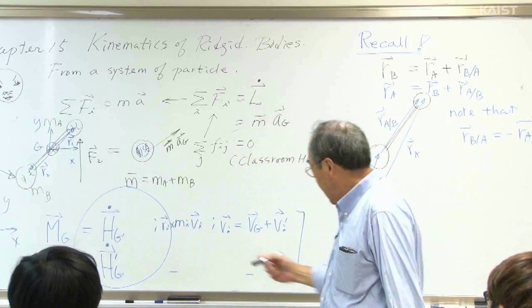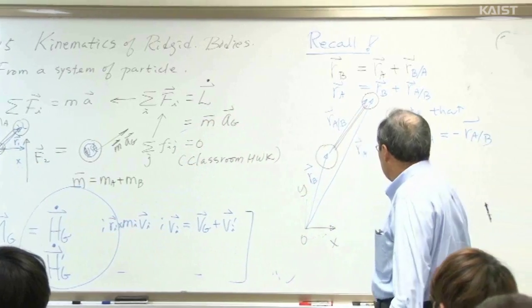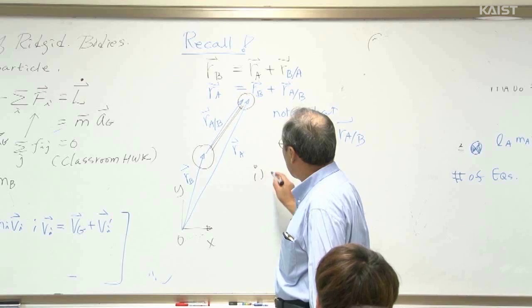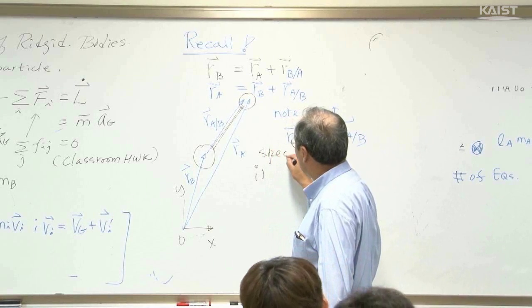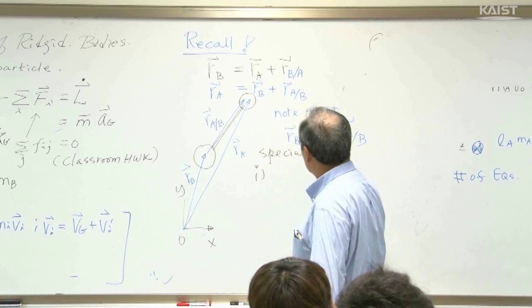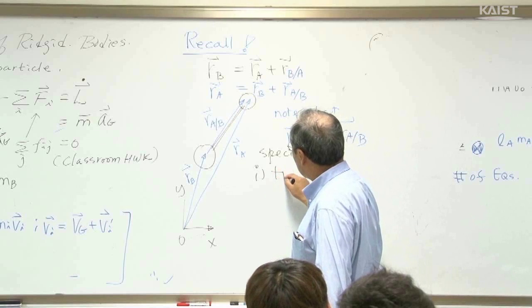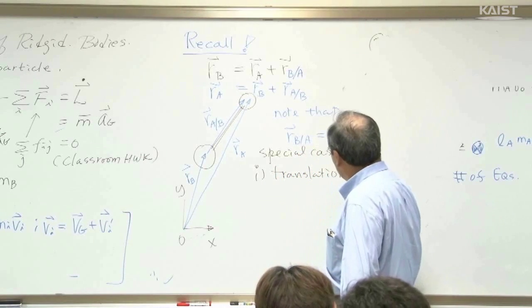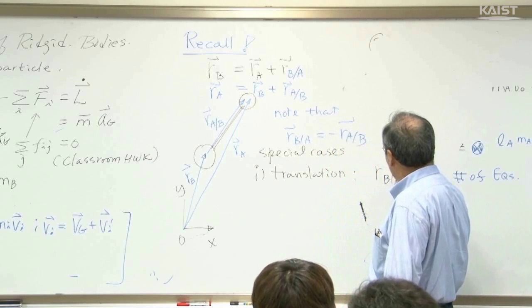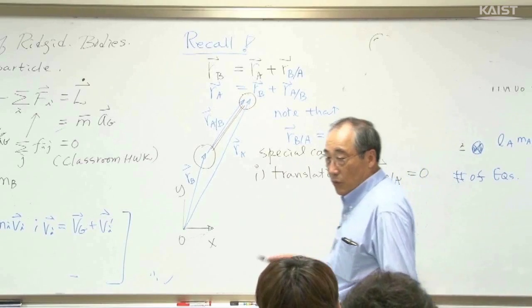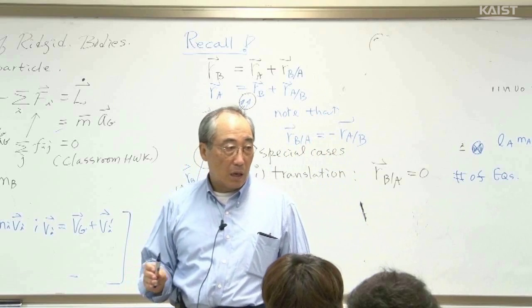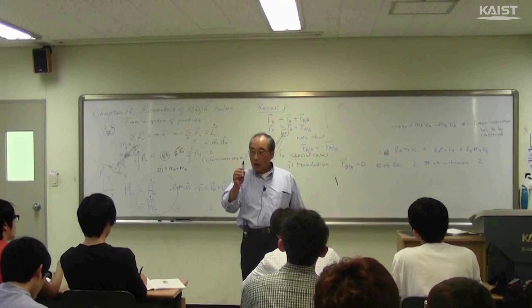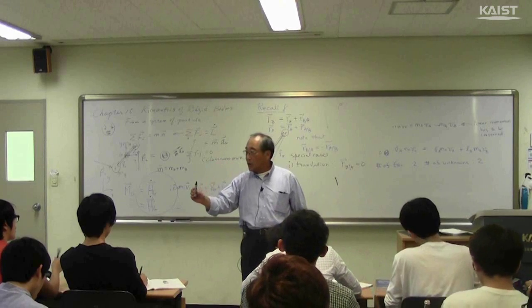Okay? Then let's see the special cases. First, translation. Translation means RBA is equal to 0 always. Right? RBA is always 0 in this case.